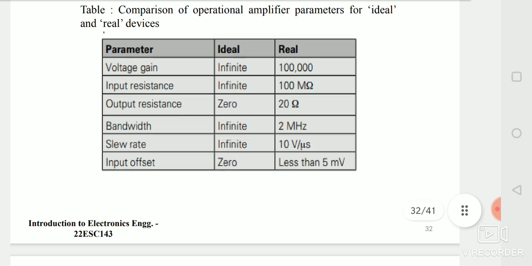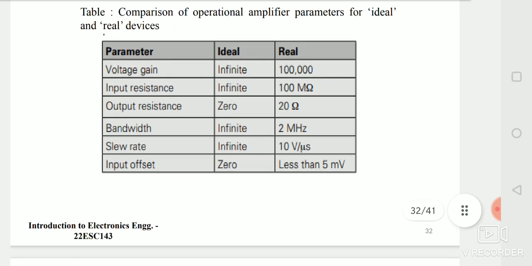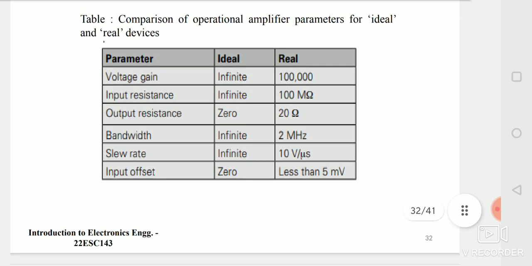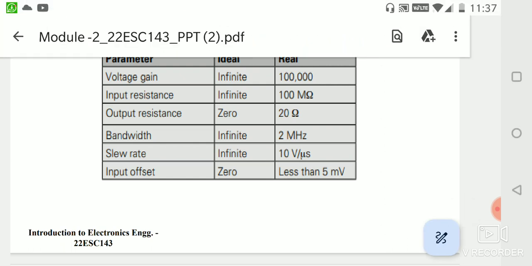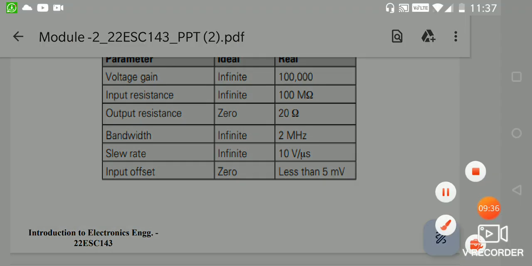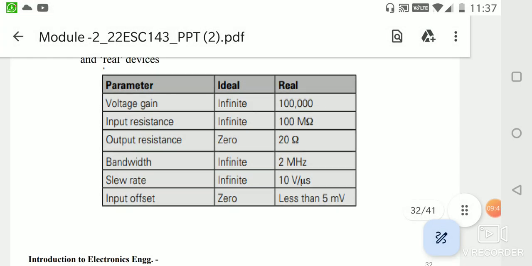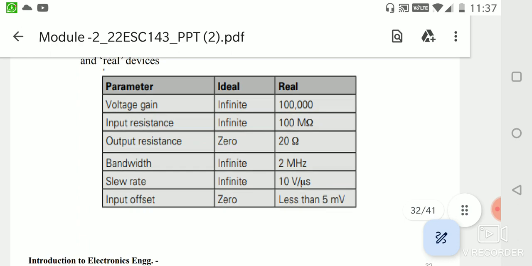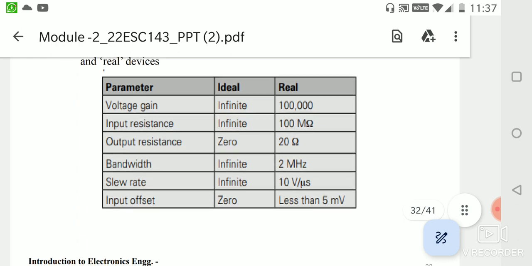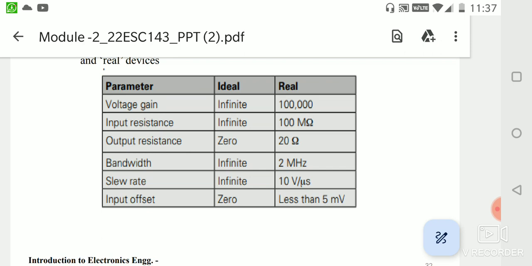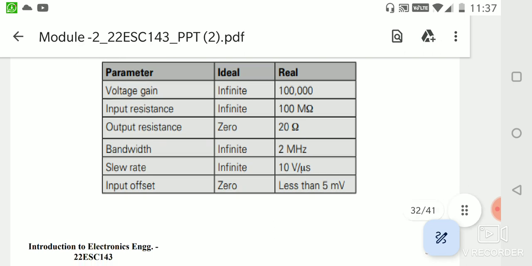They will ask, so you can see the parameters ideal as well as real. Input resistance will be in mega ohms, output resistance will be in ohms.